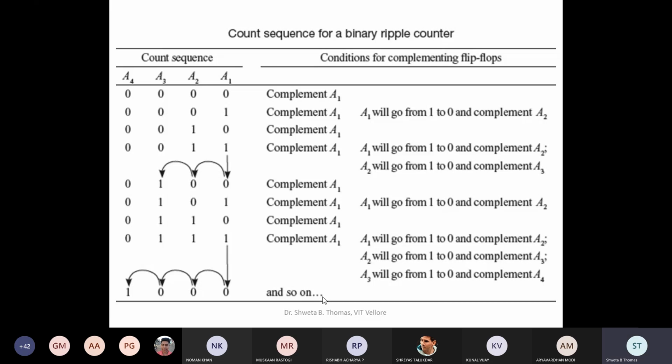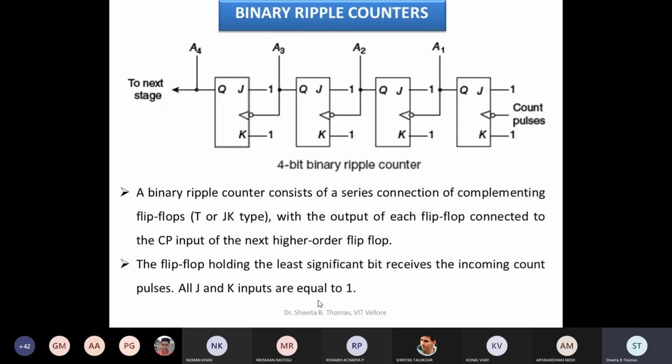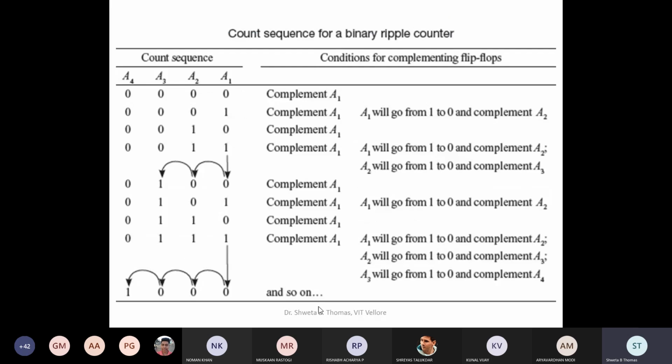First, A1 is complemented, on the negative edge of the clock pulse, so this is in our hand and we can directly write it for the first one. A1 complemented means 0 has become 1, so 0001. Complement A1, it is mentioned.